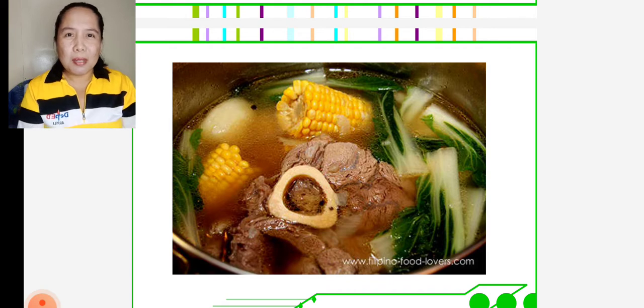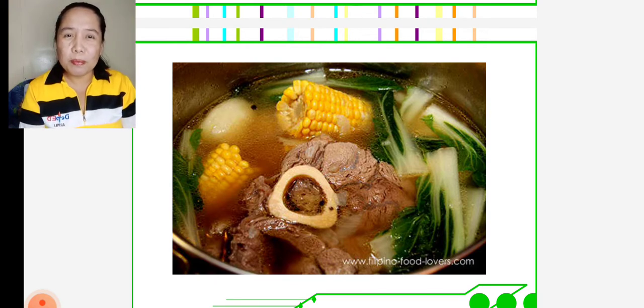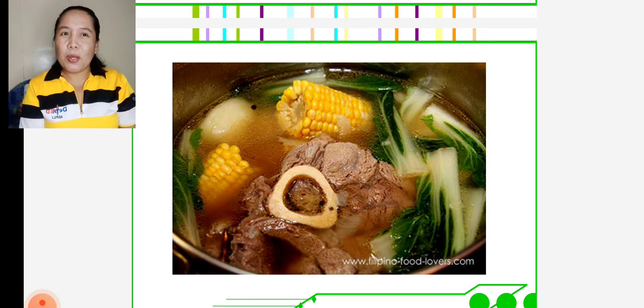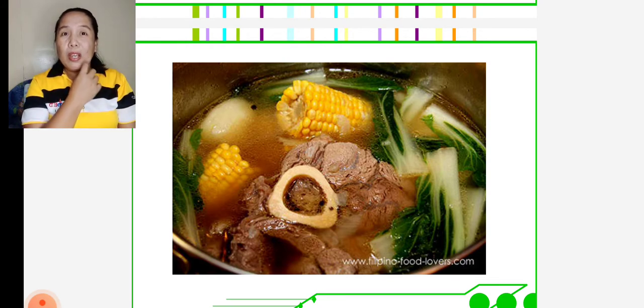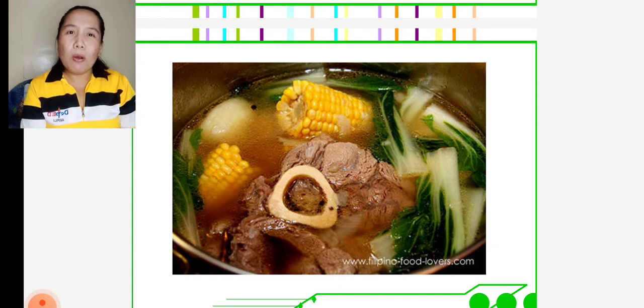What did you see? Do you know what is that picture? Have you tried eating that one? What makes that food delicious? I'm sure it is because of the ingredients that make that bulalo delectable or delicious to eat.